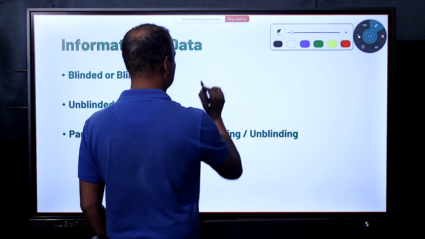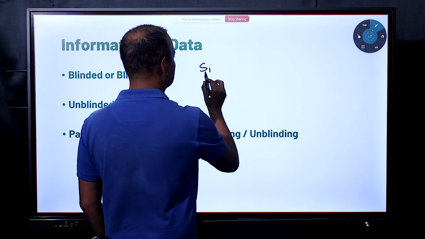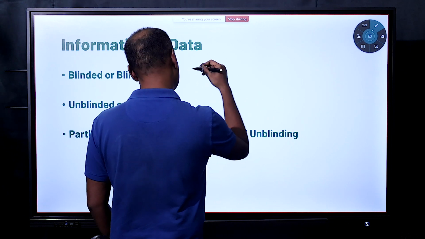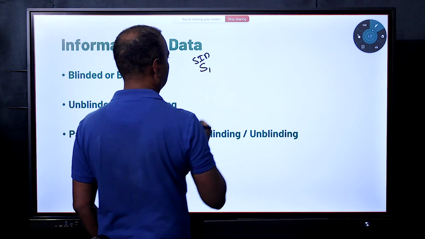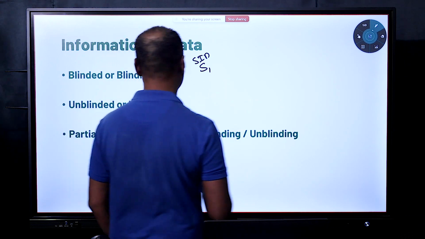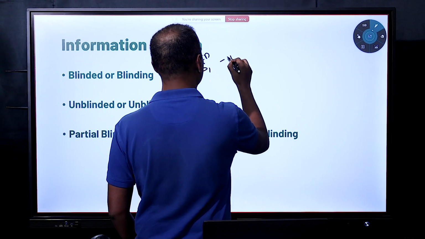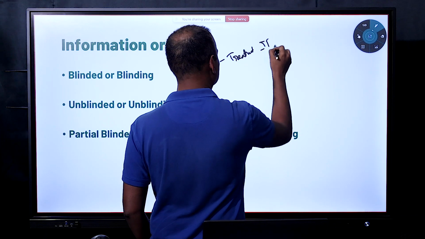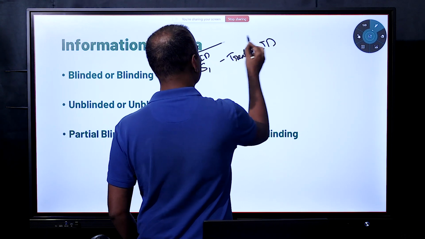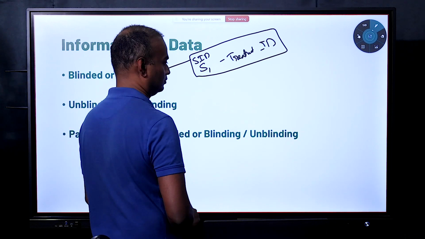First we will take a subject 1. Okay, if I say subject 1 or subject ID, it is the same. The subject will have a subject ID. If subject ID is mapped to treatment ID, this information is blinded information.